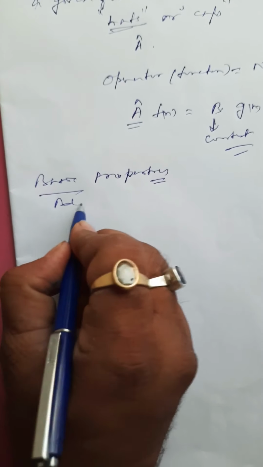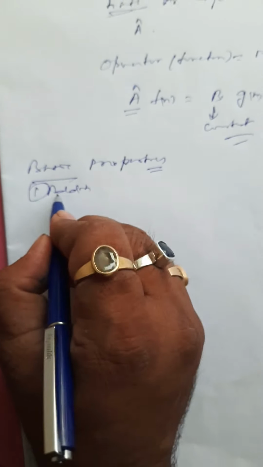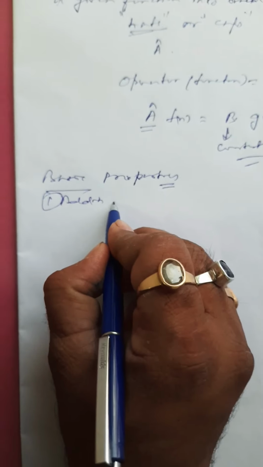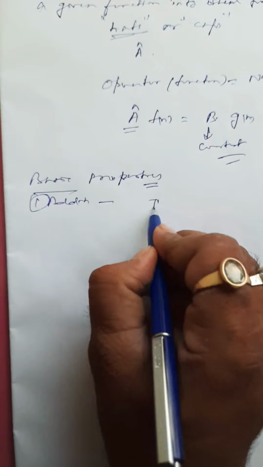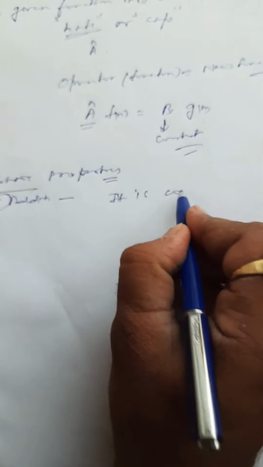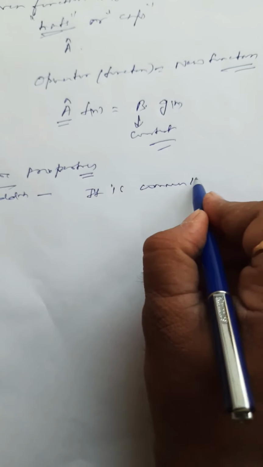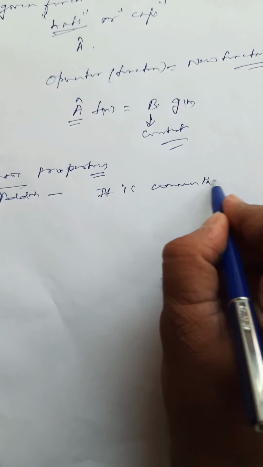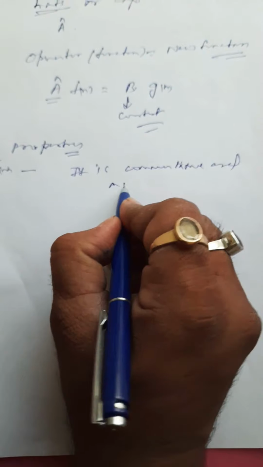Number one is addition. When we talk about the addition of operators, it means it is commutative and also associative.